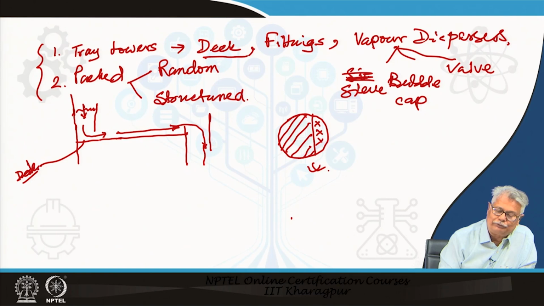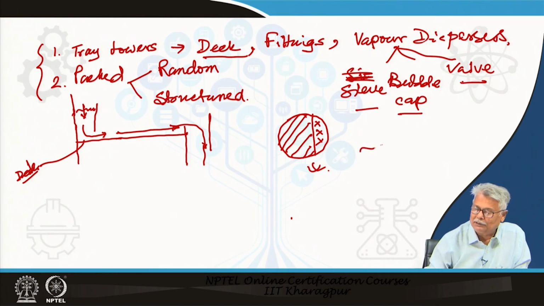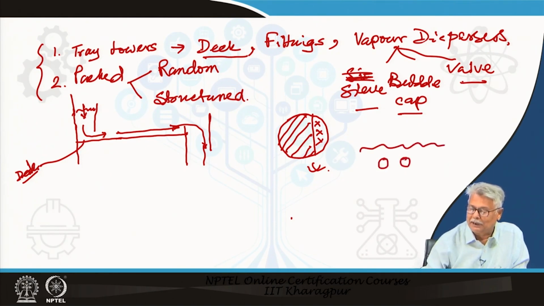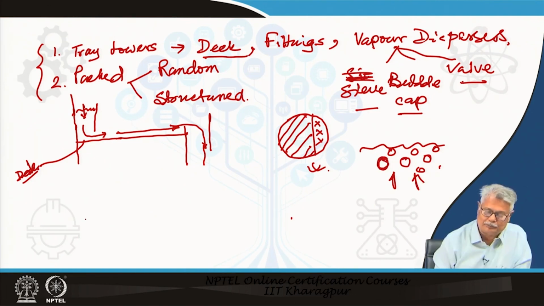Now, let us see a few features which are required. Whether we call it a sieve or a bubble cap or a valve tray, the basic principle is the same. You will have a pool of liquid, you have droplets, you have bubbles which will be rising through this pool. The mass transfer between the vapor and the liquid will be occurring in the interface of the vapor and the liquid here.